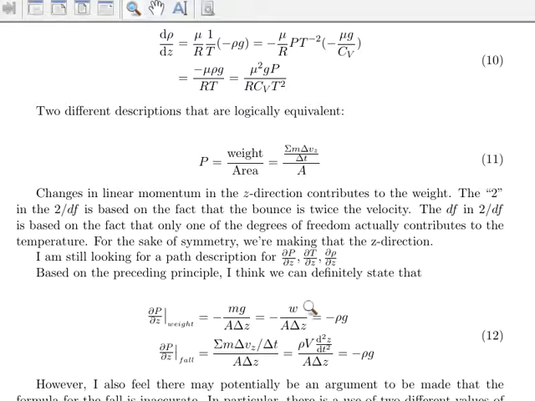So mg is weight over area times delta z. I should have put it that second because the density is mass over volume.